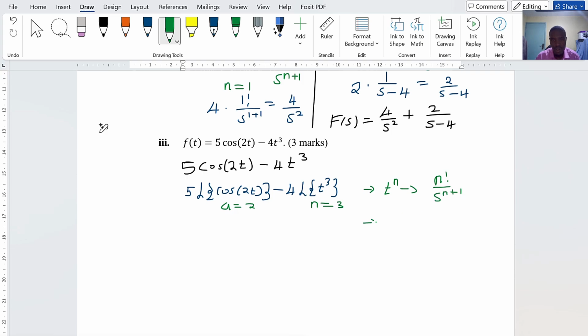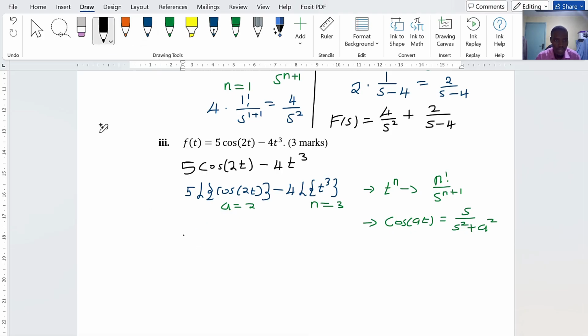And again, we are aware that for cos at, it is s over s squared plus a squared. We know our a, we'll just substitute. We know our n, we'll just substitute. So let's substitute and see.